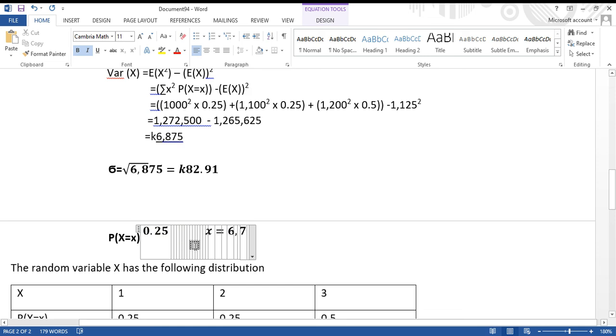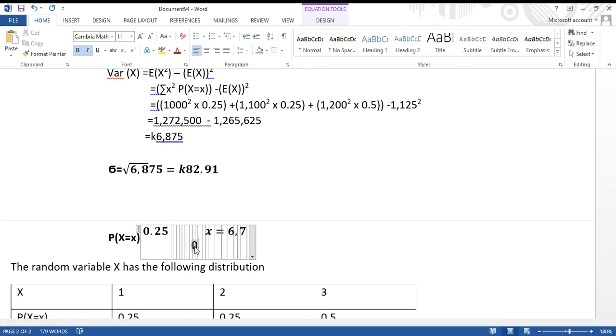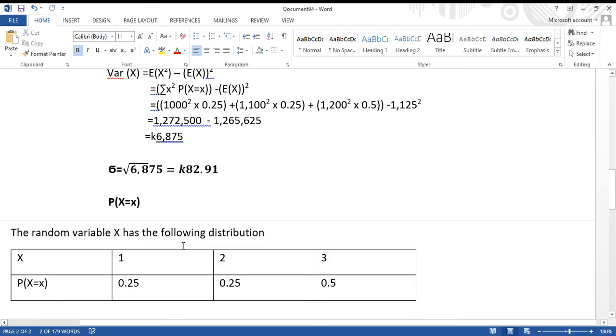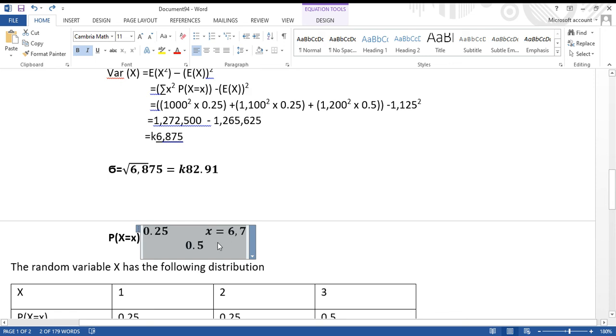The probability of 0.5 is when x equals 8.